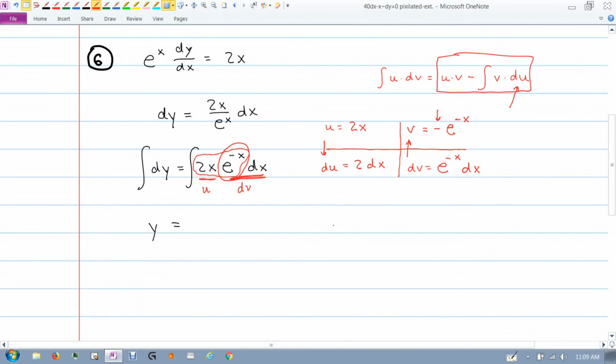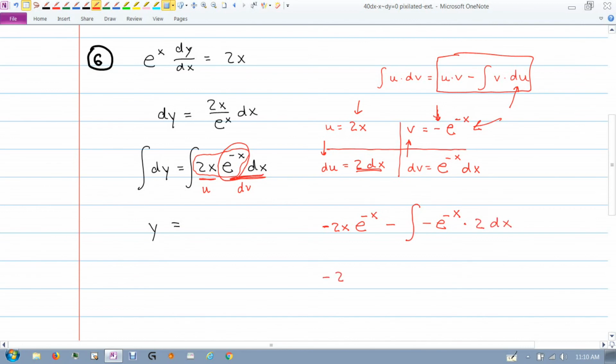So I'm going to take u, which is 2x, and multiply times v. Now I had a negative there, so I'm going to pop that out in the front. Negative 2x e to the negative x minus the integral, and then we're going to do v again, which is negative e to the negative x, times du is 2 dx.